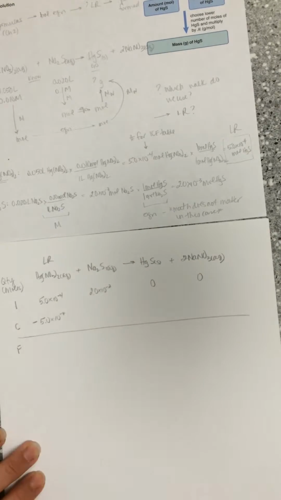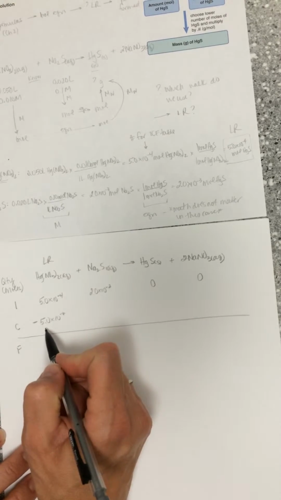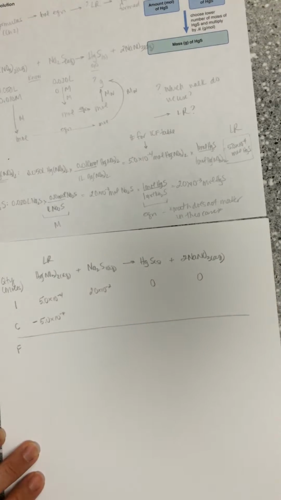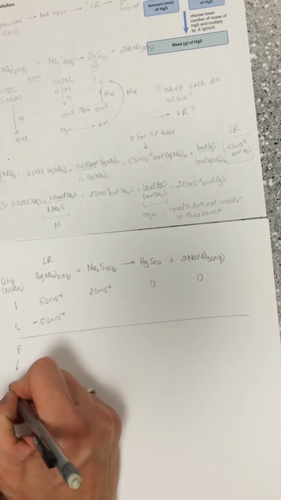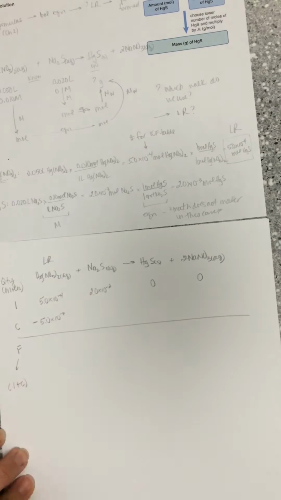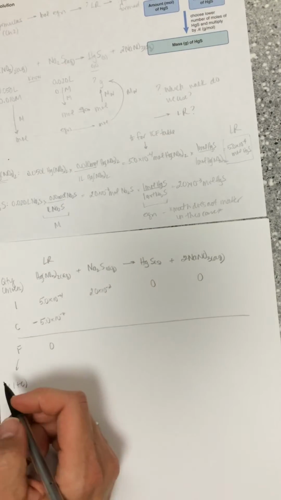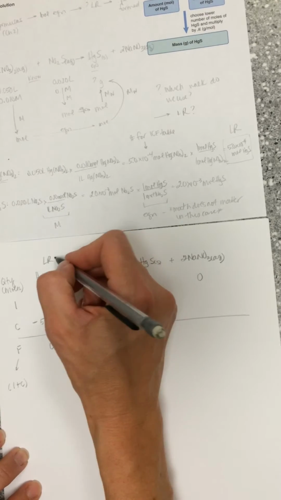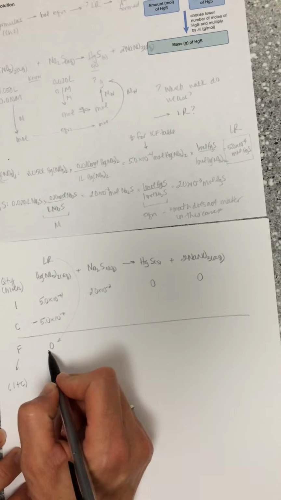We indicate that things that are being used up have a minus sign, so our reagents will always have minus signs. Our products will have plus signs. Also, our final column we get by adding the initial plus the change cells. So add these two together and you get 0. Again, that should be a hallmark of your limiting reactant. Your limiting reactant should have 0 at the end.